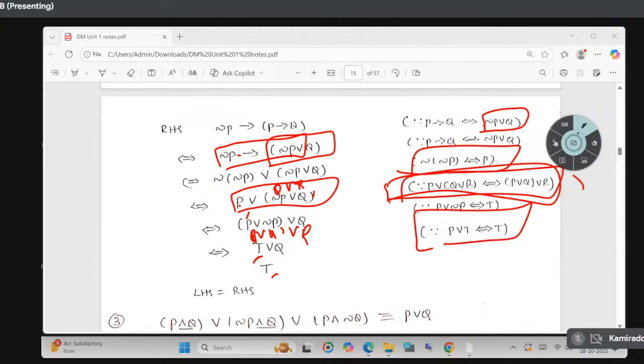So initially we got LHS is equal to T, and now we got RHS is also equal to T. Both are logically equivalent when we apply the laws.